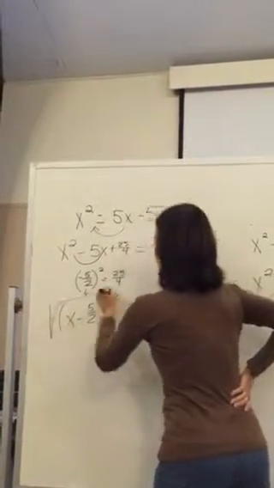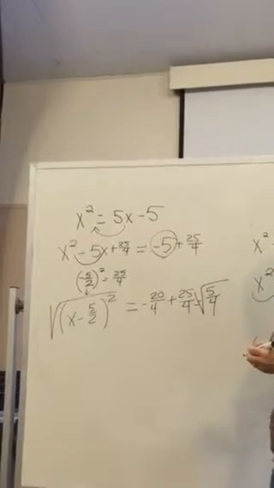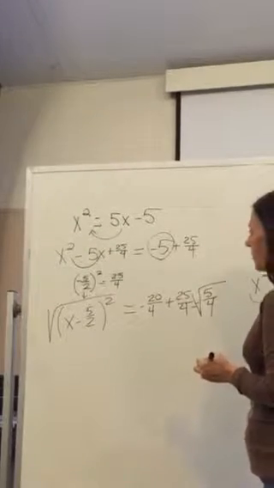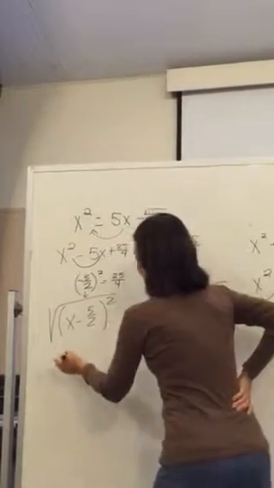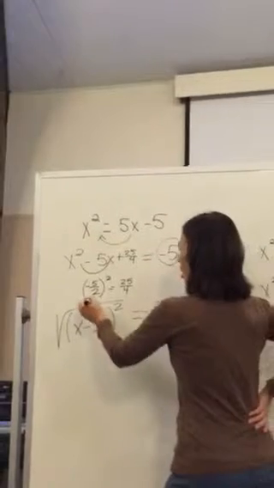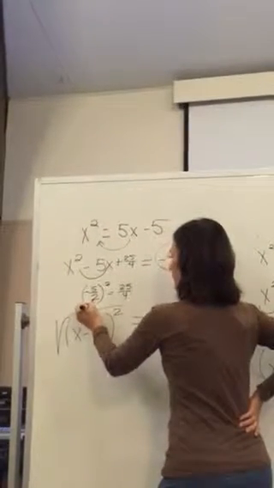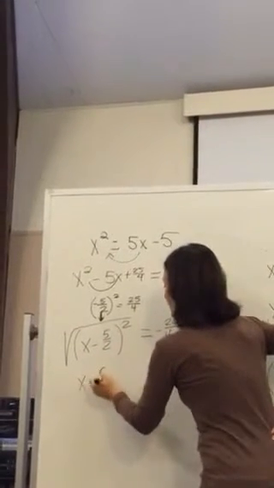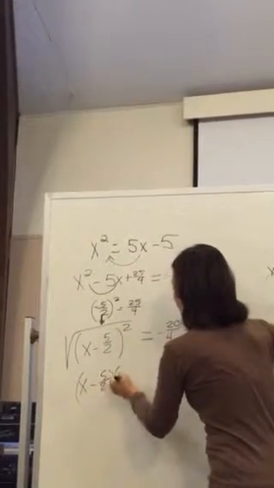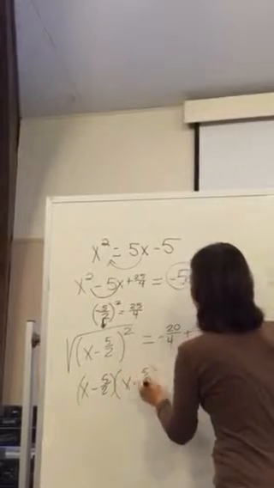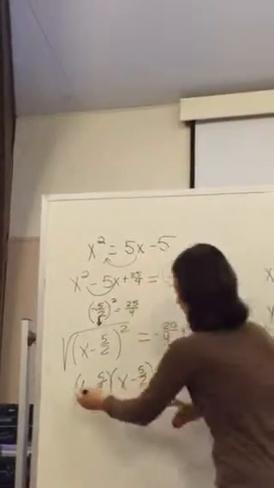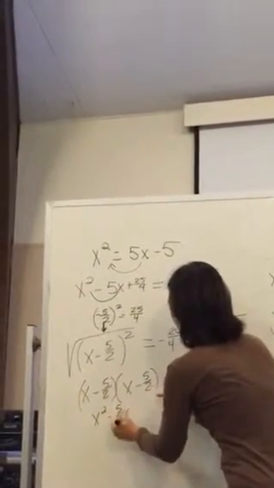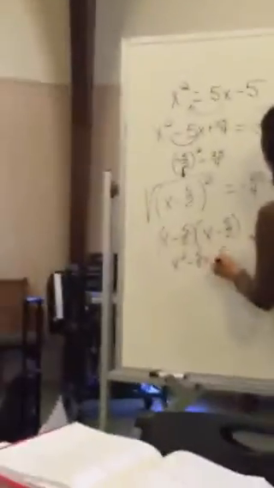I take the square root of both sides. You with me? Why is it x minus 5 halves? If I prove it, it's always whatever is within your parentheses that you're squaring. Because if I do x minus 5 halves times x minus 5 halves, I am going to get x squared minus 5 halves x minus 5 halves x.